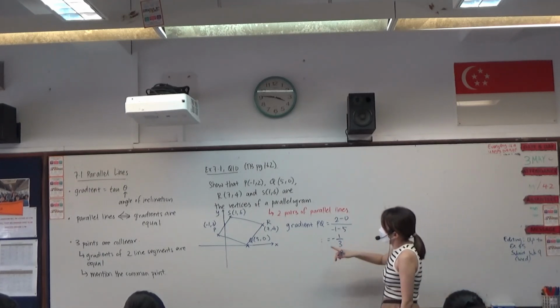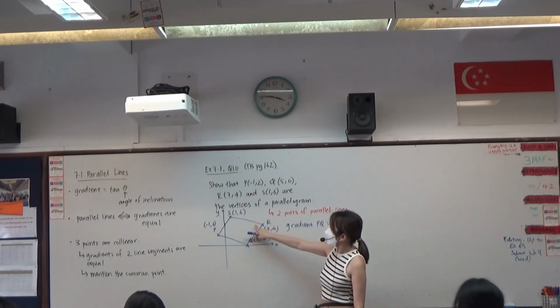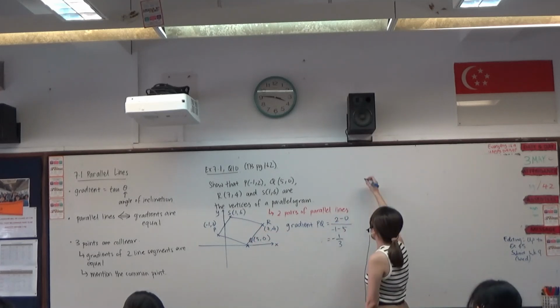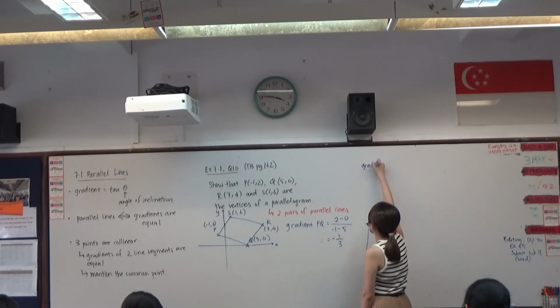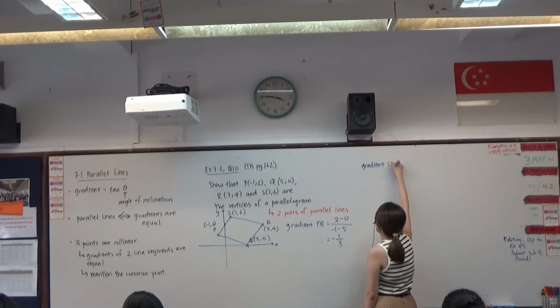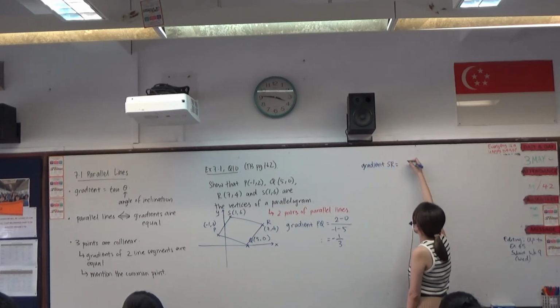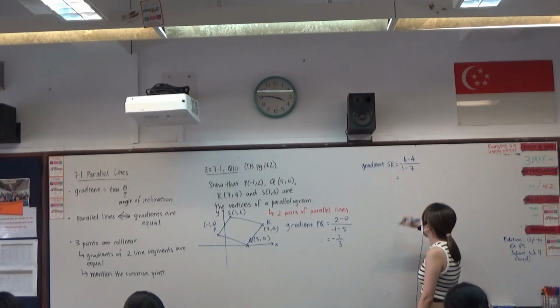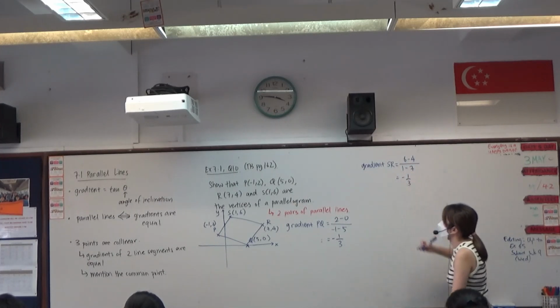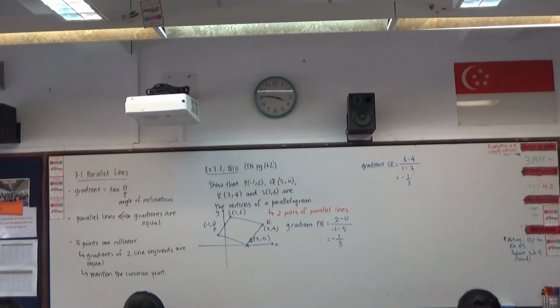Okay. Then I want to prove that it is going to be parallel to SR, so I will find the gradient of SR. That will be 6 minus 4 over 1 minus 7. Likewise, it gives us negative 1/3.